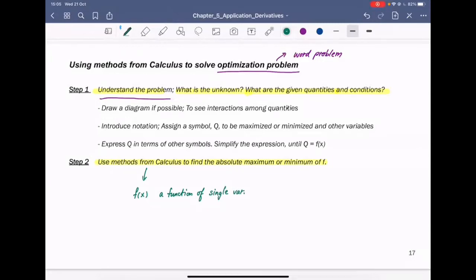And then after that, you can take the first derivative and set it equal to 0. When you take the first derivative and set it equal to 0, you can solve for max and min. That's usually the basic strategy for this topic.